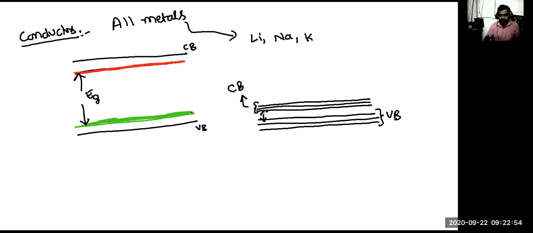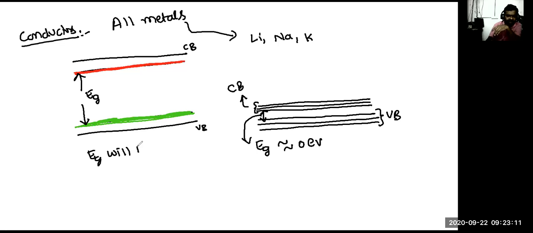You can see the energy gap here. The energy gap for conductors is approximately 0 electron volt. Eg will be very less for conductors.